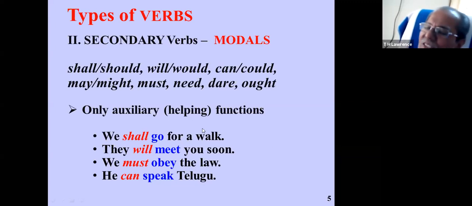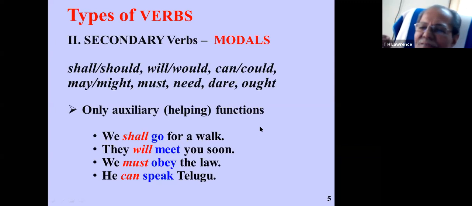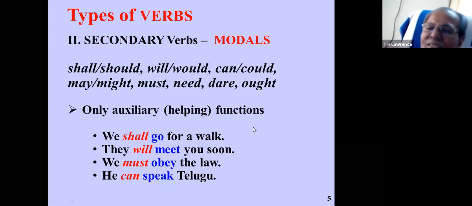So earlier we saw under be, have, and do, we can have these verbs in two places, main as well as auxiliary. Here, you will find the modals coming under auxiliary verbs alone. Look at the examples. We shall go for a walk. Now, suppose you take away go, then it will become we shall for a walk.